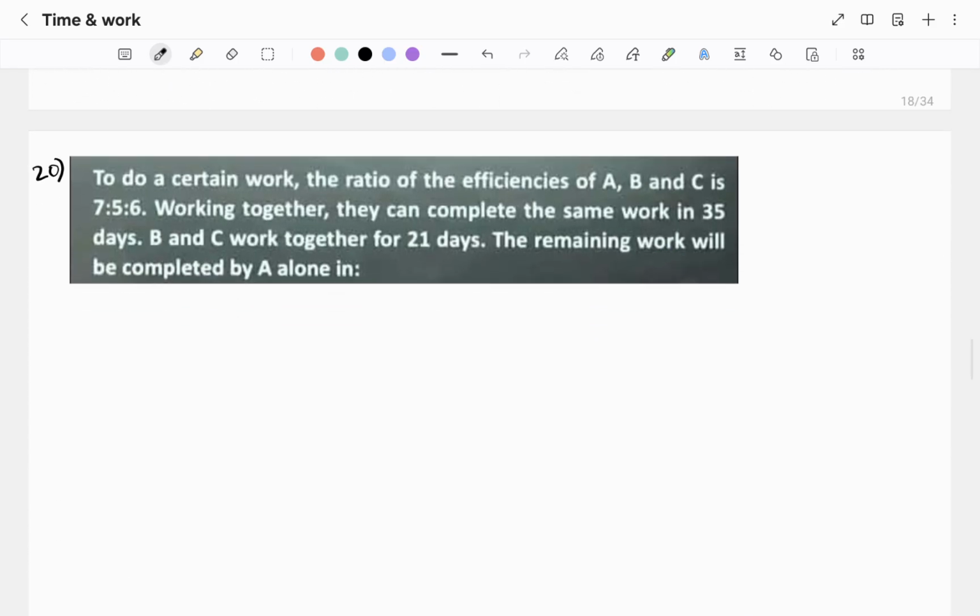To do a certain work, the ratio of the efficiency of A, B, C is 7:5:6. Efficiency ratio 7, 5 and 6. Time ratio, we have to check that. Working together they can complete the same work in 35 days. So A, B, C can complete it in 35 days.